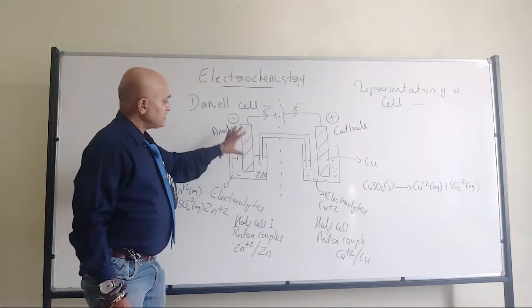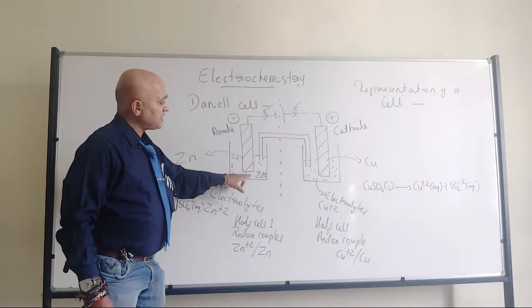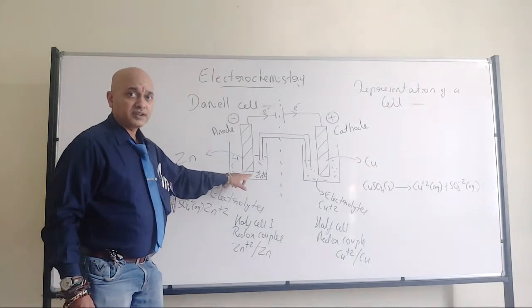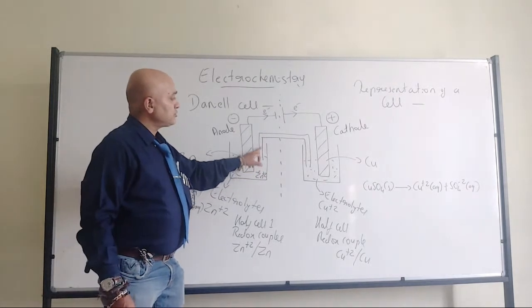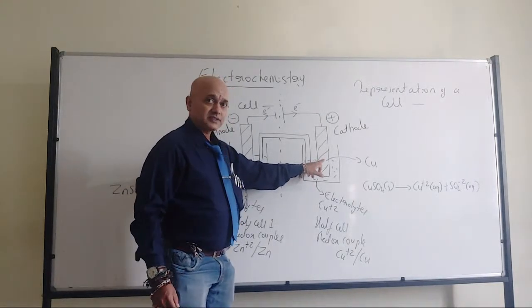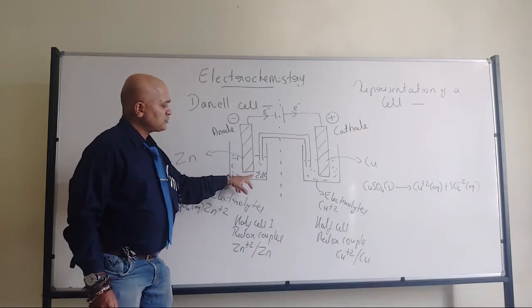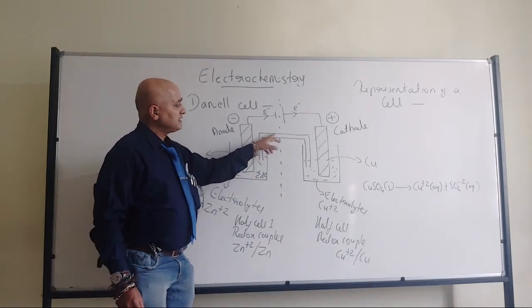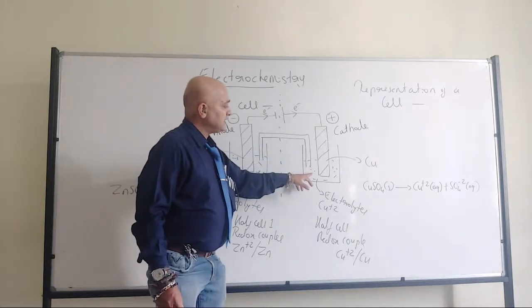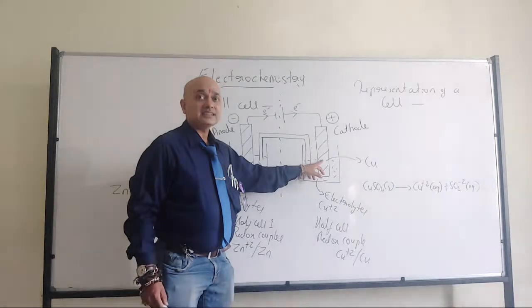Now if I see this one, first I will go with the electrode. The electrode is in contact with the ions, the electrolytes. Then through this salt bridge it is connected to ions, then the electrode. Observe it carefully. First electrode, then the solution where ions are present, then we have the salt bridge, then once again the solution with ions, then another electrode, that is cathode.